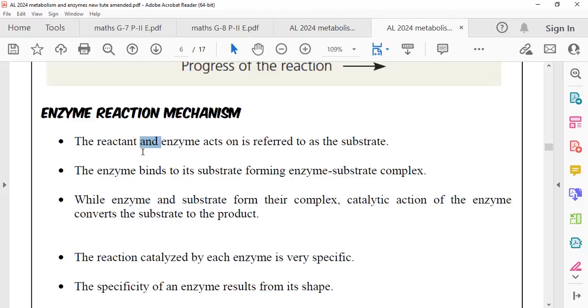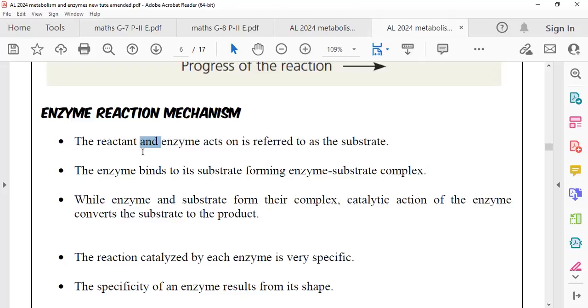Right now, starch is converted to maltose by amylase. In that reaction, who is the substrate? Starch. On starch only, who works? Enzyme.